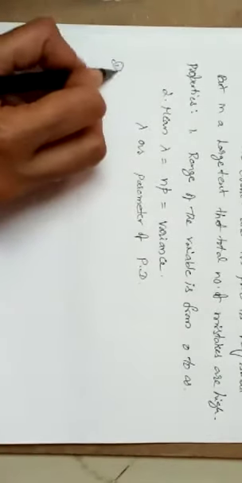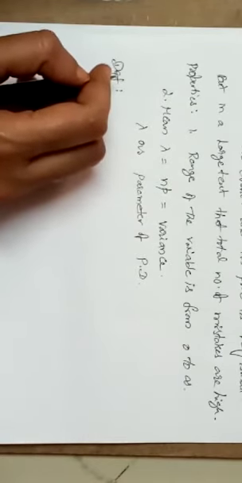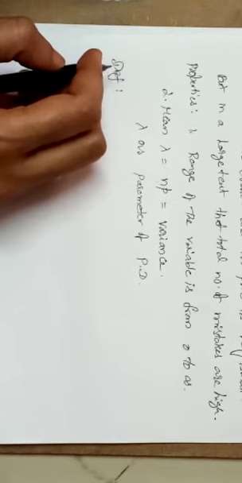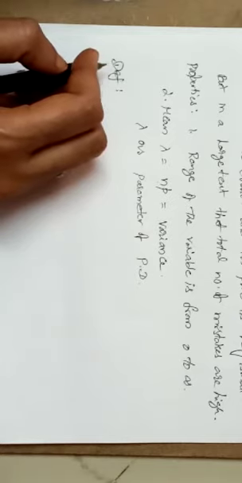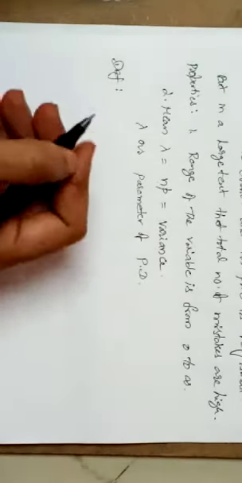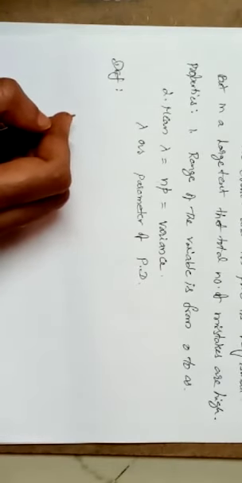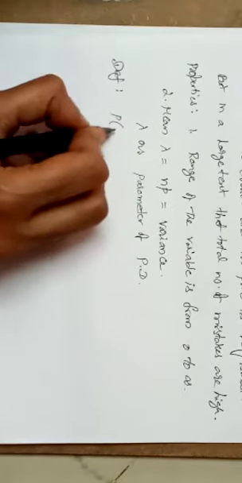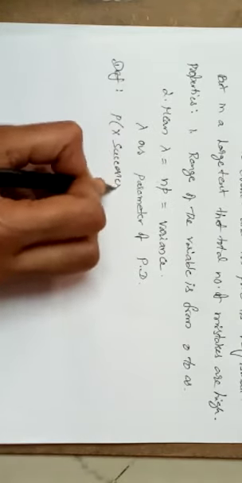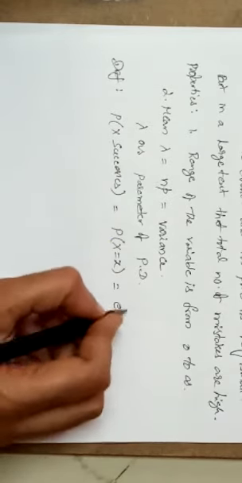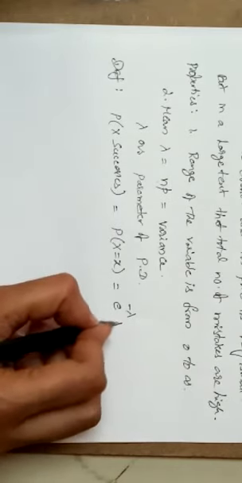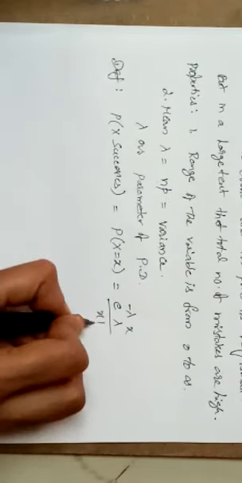Now the basic definition for this Poisson distribution: a random variable x is said to follow a Poisson distribution if it assumes only non-negative values, and the probability function is given as, the probability of x successes, p of x is equal to e power minus lambda into lambda power x by x factorial.